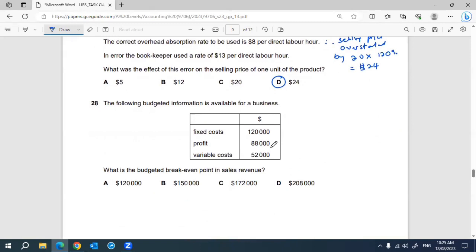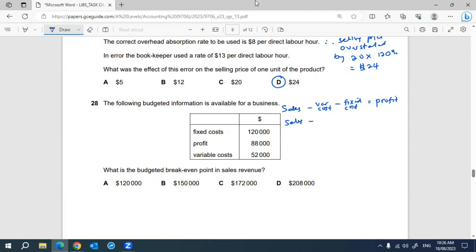The following budgeted information is available for a business. The question: what is the budgeted break-even point in sales revenue? We first write out our equation: sales minus variable cost minus fixed cost equals profit.